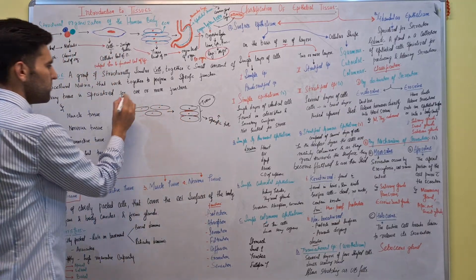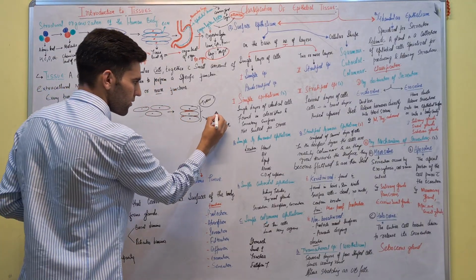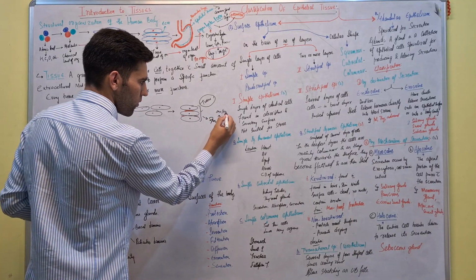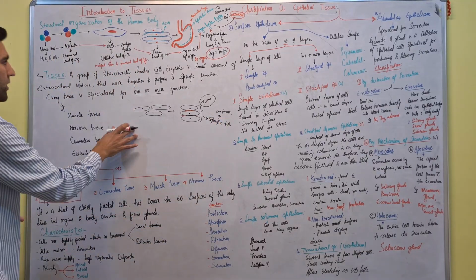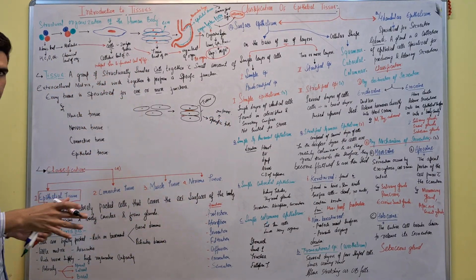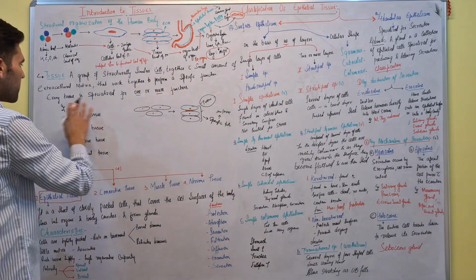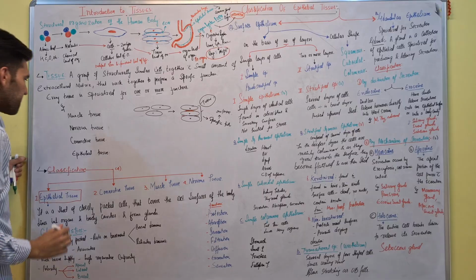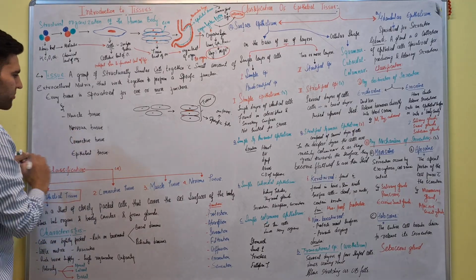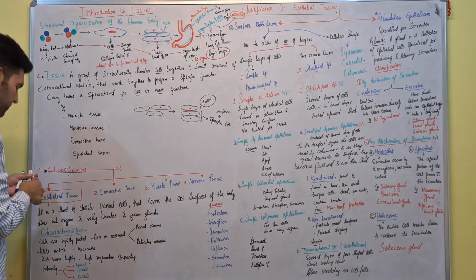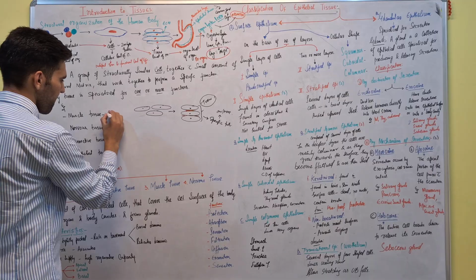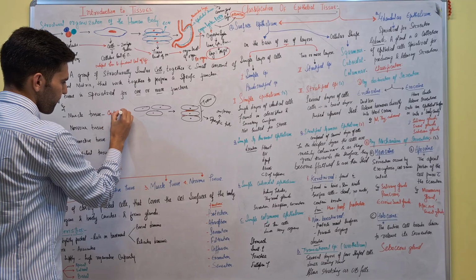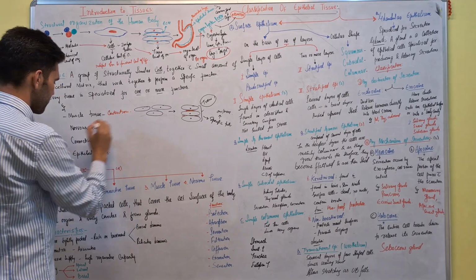They can perform one or more functions. So a tissue is a group of structurally similar cells together with a small amount of extracellular matrix that work together to perform a specific function. Now what are some common tissues? Muscle tissue helps in contraction.